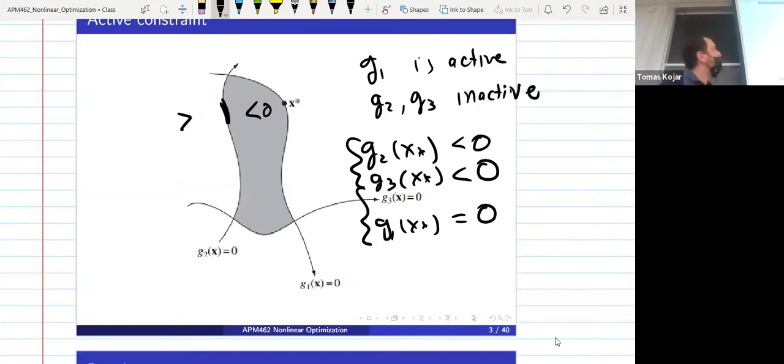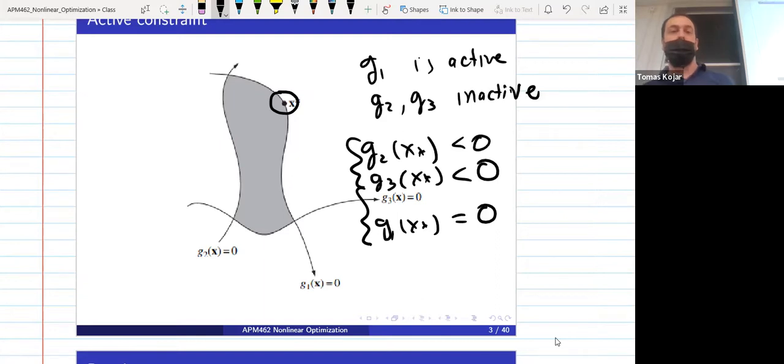Now why do we care about this? Because if you draw a very small ball around it, you see that all the points in the neighborhood satisfy the same situation.